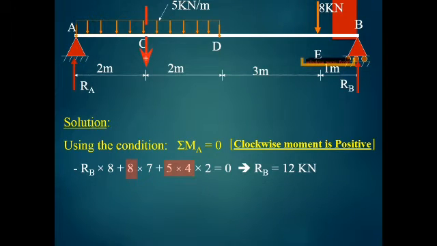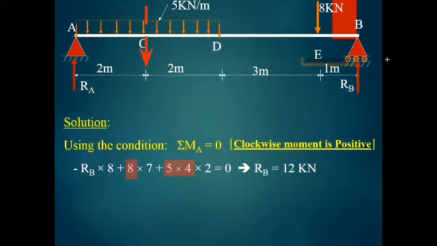So we are going to take moment of this UDL from this point. From this point to A, the distance is 2. And equate all this. RA we can take, but RA into the distance is 0, so I have not taken RA. If you want, you can write RA into 0 and equate it to 0. If you solve this, you will get the answer of RB, that is 12 kilonewton.